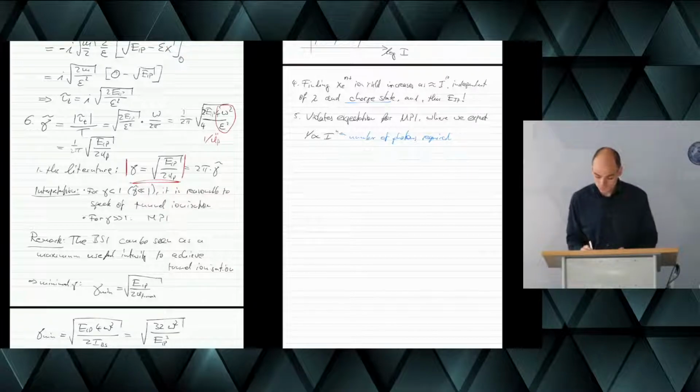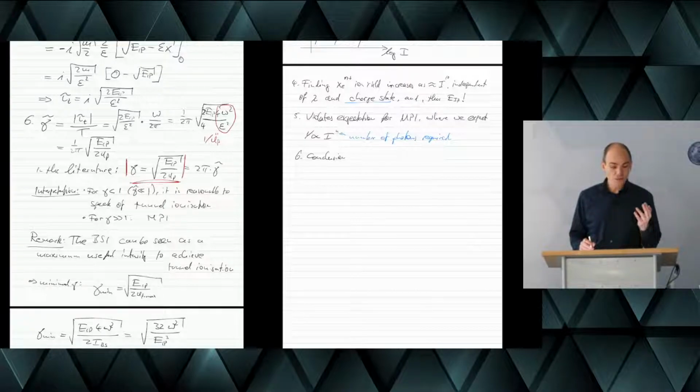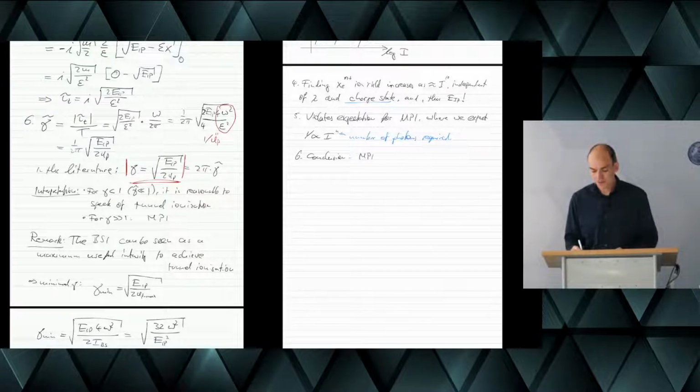And so the conclusion is that multiphoton ionization is really not the right picture, and tunnel ionization is very different, or scales very differently. So MPI is not useful here. Tunnel ionization scales differently.